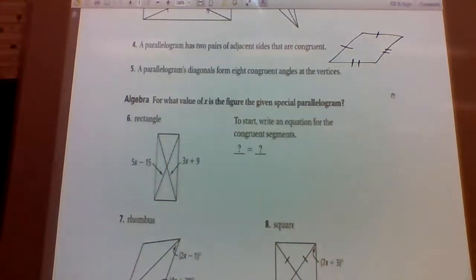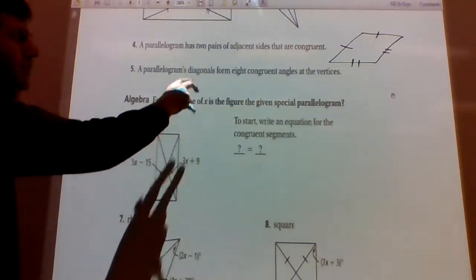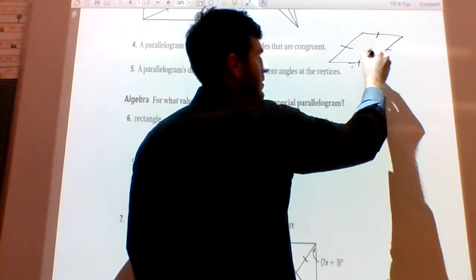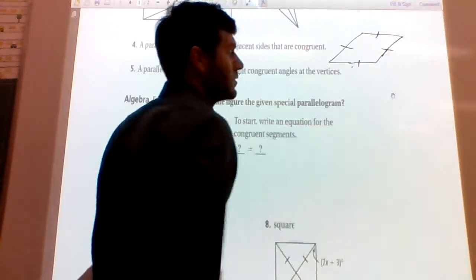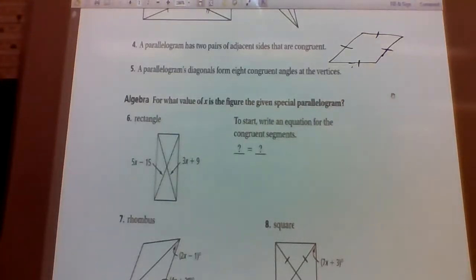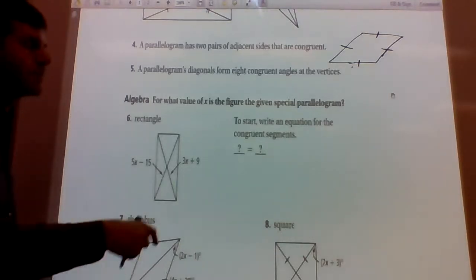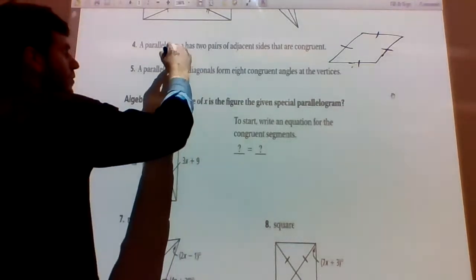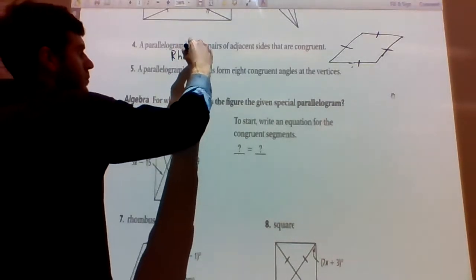It's telling us that the 2 pairs of adjacent sides are congruent. So if the 2 pairs of adjacent sides are congruent, all 4 sides are congruent. If we know all 4 sides are congruent, we know we have a rhombus. A rhombus is a parallelogram that has 4 congruent sides. So 4 is going to be a rhombus.